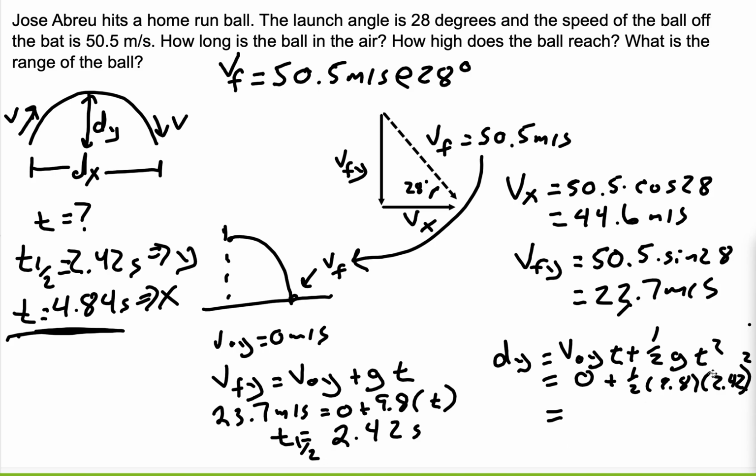So can someone plug that in and tell me what the answer is? I'm getting 28.7. That sounds right. 28.7 meters. So that is dy. That is how high the ball got above the ground. To give that some perspective, that's a little taller than a 9-story building.